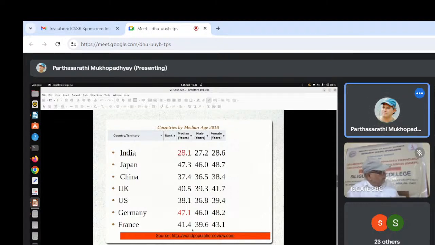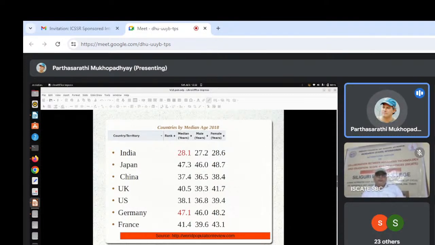Now, if you go for different kinds of future projection, an interesting fact is revealed. All the other countries are growing old, and naturally every year their median age is increasing by the natural factor. India is growing younger.